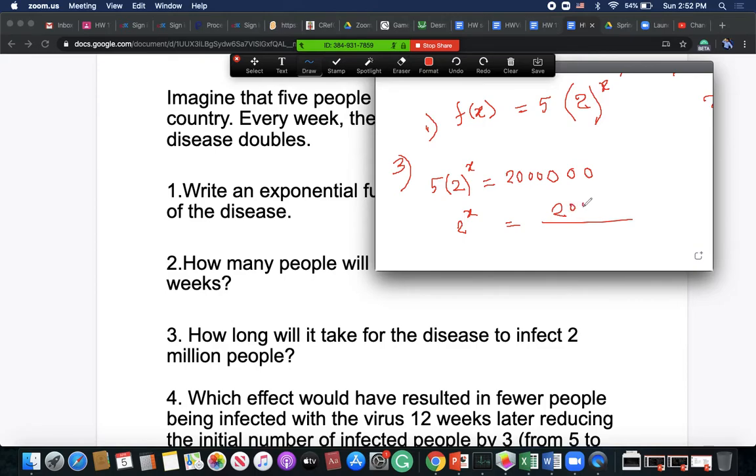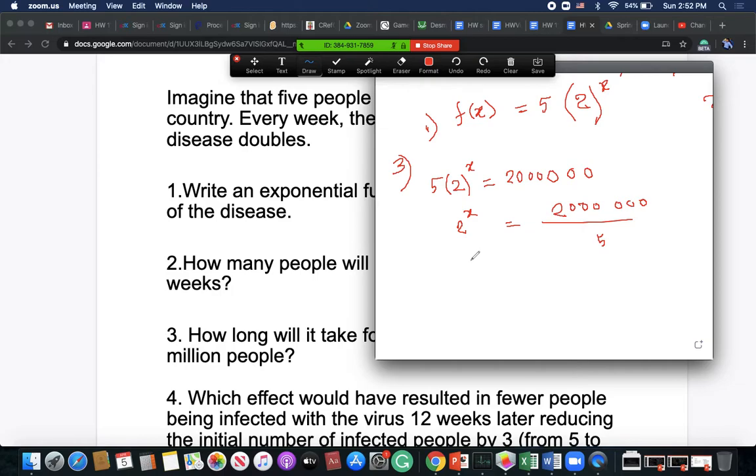2,000,000 divided by 5. If we divide it, then we will get just some number. So then if we take the logarithm of both sides, we will start getting the solution.